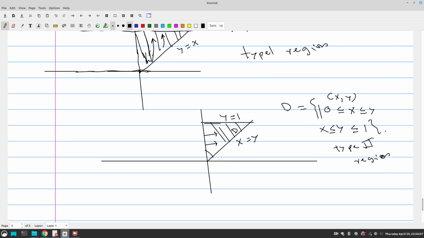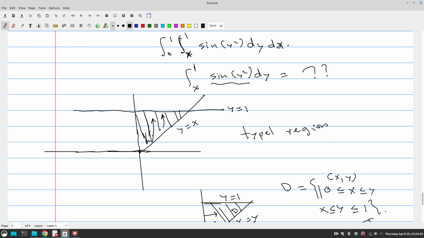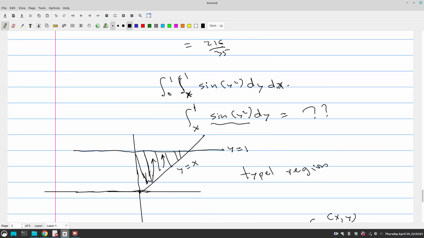Let's write out the integration. Remember I said Fubini's theorem helps us do this. How does Fubini's theorem help us do it? Fubini's theorem makes it such that we can change the order of the variables of integration.